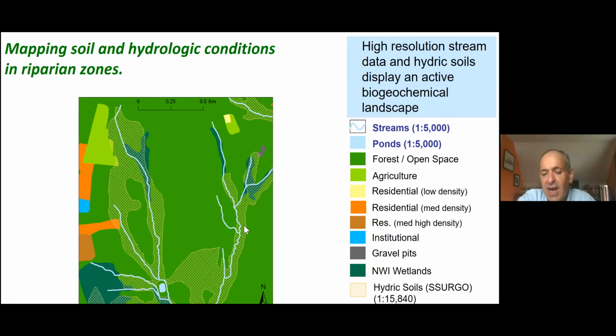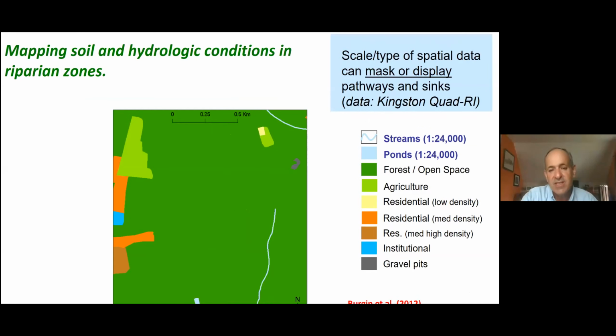We have high resolution, 1 to 15,000 scale hydric soil maps. With these new approaches, I have a pretty good picture of what's going on in this landscape. I've gone from this, which is really not telling me much, except that maybe in 1985 I would have been happy to say, yeah, there's a stream, there's some forest around that. Isn't that great? I'll declare victory and say this is a good spot.